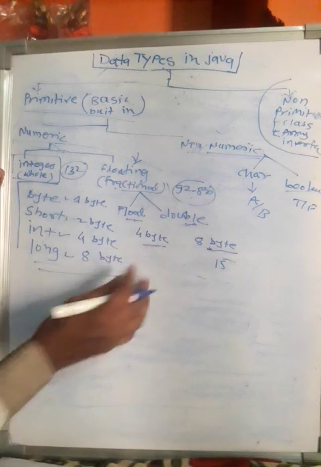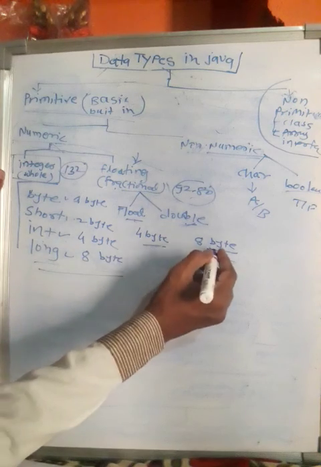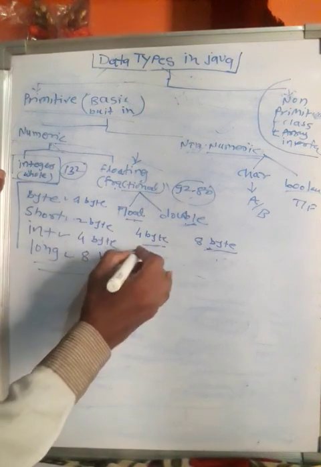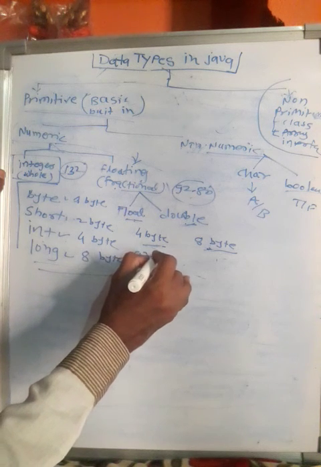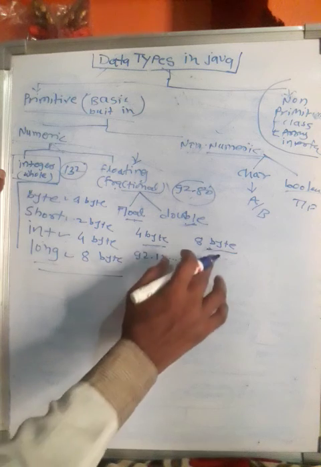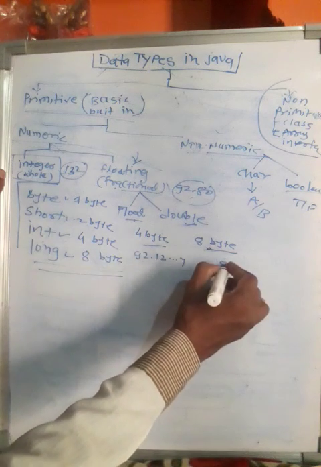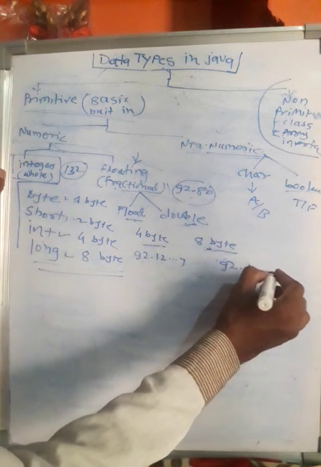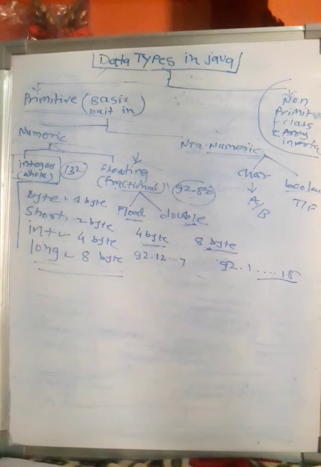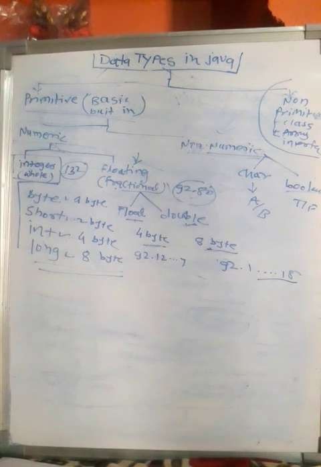Float requires 4 bytes, double requires 8 bytes. But the main difference is float can represent up to 7 digits, and double up to 15 digits. This is the main difference between float and double. Non-numeric: character and boolean. This is all about data types in Java.